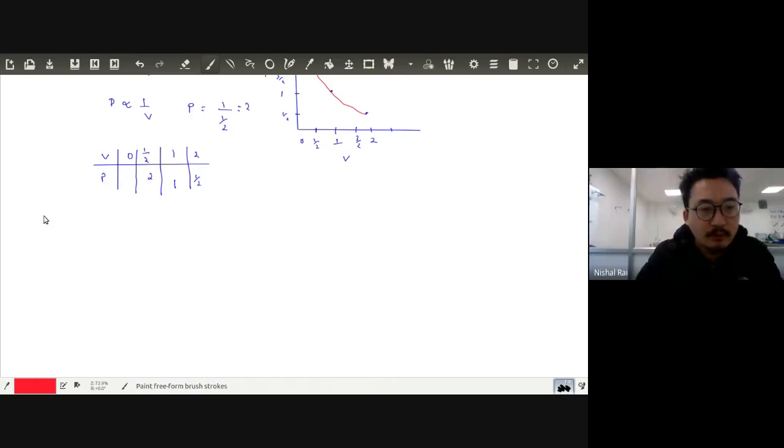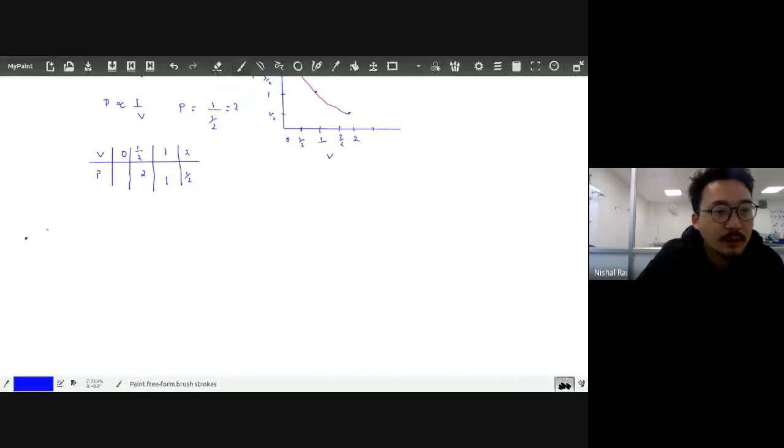So previously we talked about three kinds of processes. One was isobaric. For isobaric, your pressure was constant.